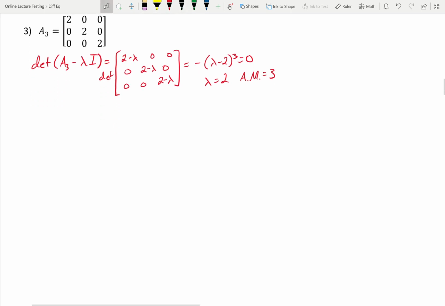All right. So with this one, when we plug back in our lambda of 2, we get all zeros. Well, great, there's a cool thing with this one.